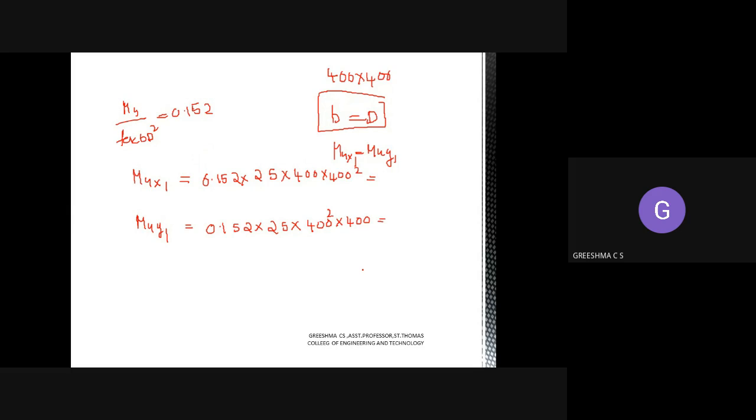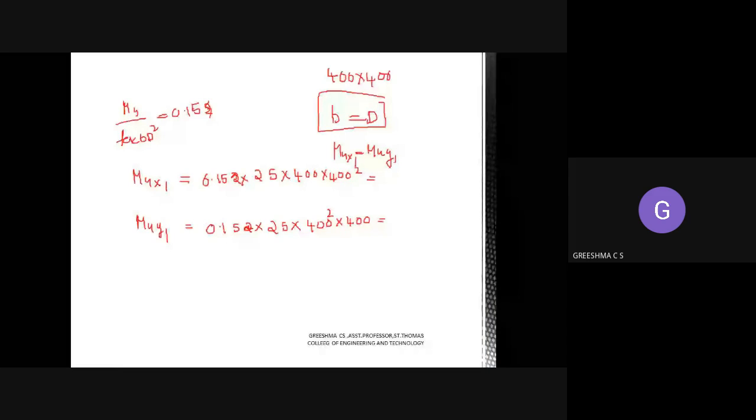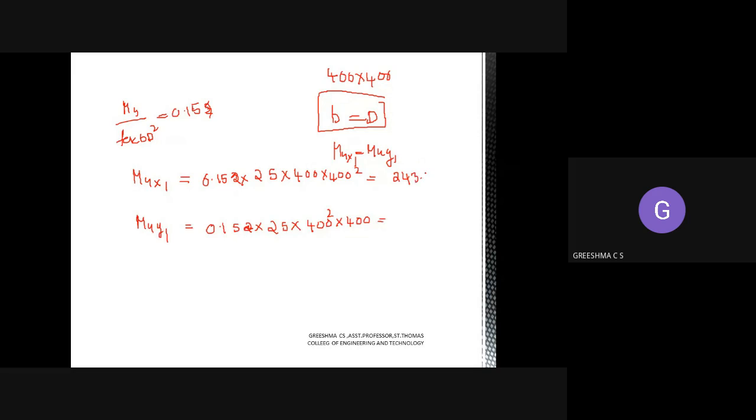If you are taking 0.15, that is also okay, no problem. Tell me the value, how much you are getting. 243.2 kilonewton meter, in both cases you will get 243.2 kilonewton meter.